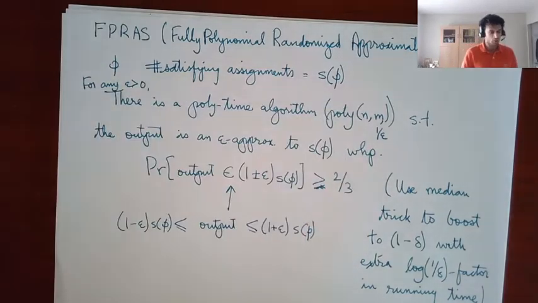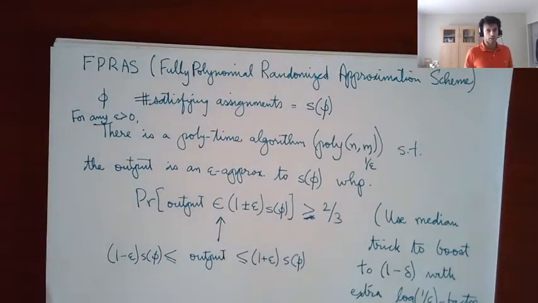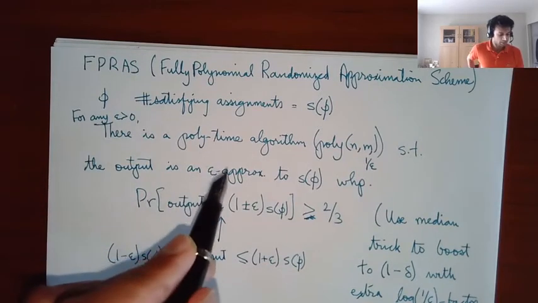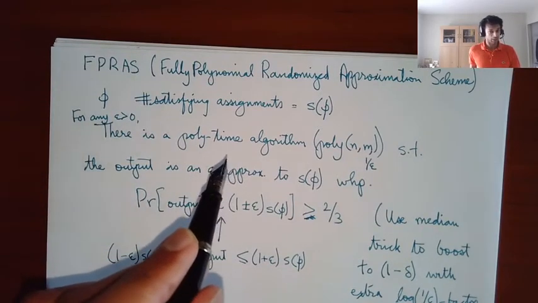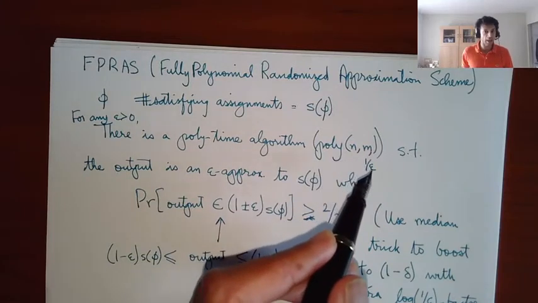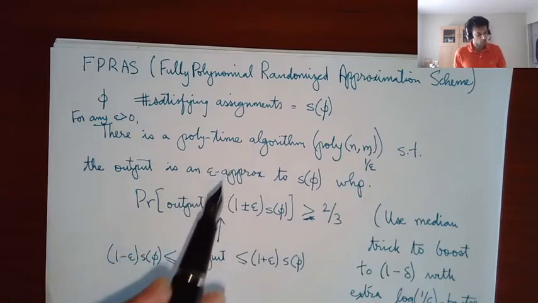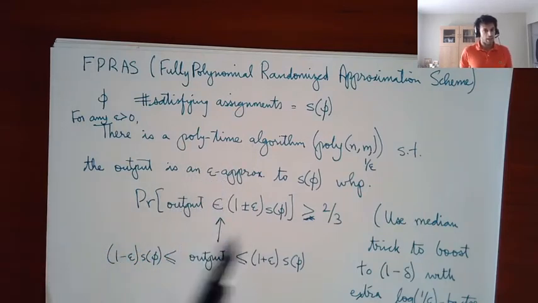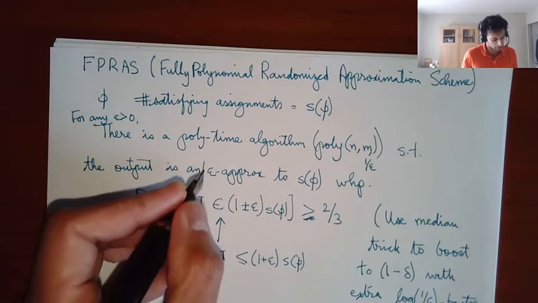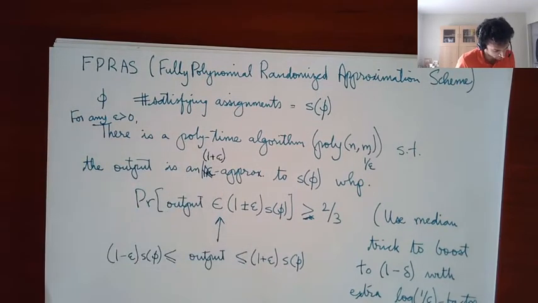So this is what an FPRAS is. It's a fully polynomial randomized approximation scheme. It means that there is a polynomial time algorithm that runs in polynomial of n, m, and 1 divided by epsilon, such that the output of this algorithm is a 1 plus epsilon approximation to this.